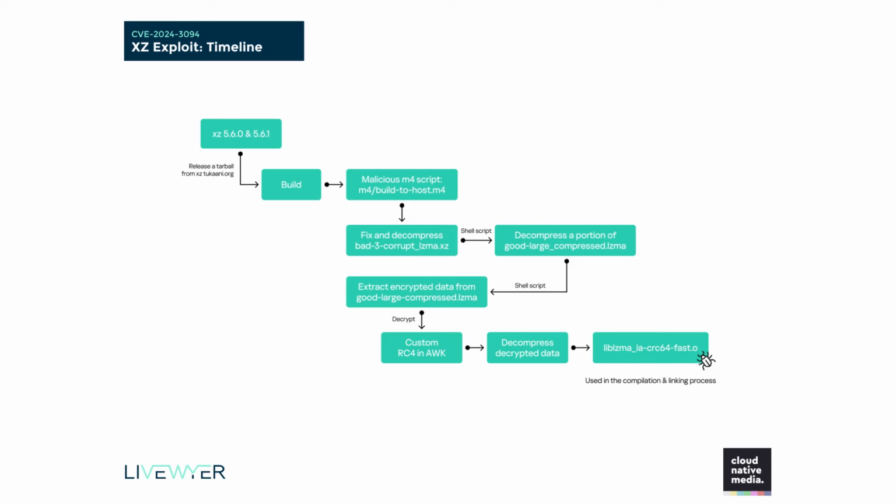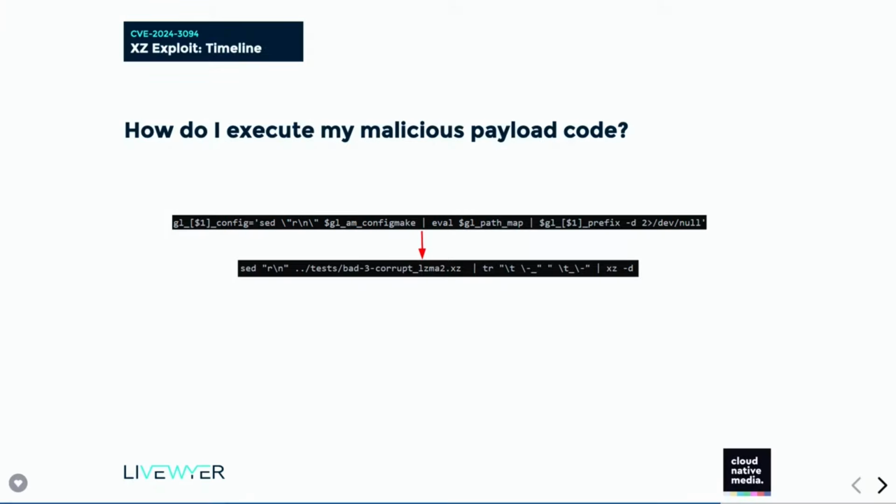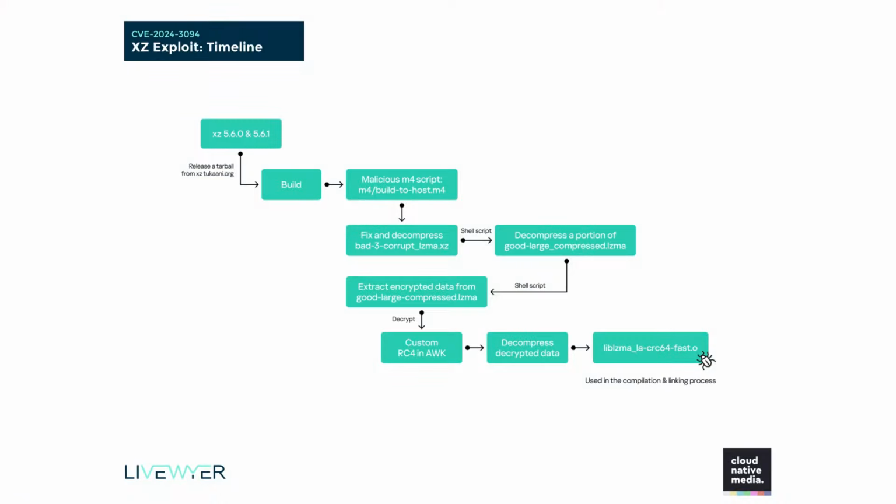What that fix does is, if you were to look at the file, it's junk. But that one command line replaces this with this, and suddenly it's a valid XZ compressed archive. It fixes it, decompresses it. Now we have a shell script.